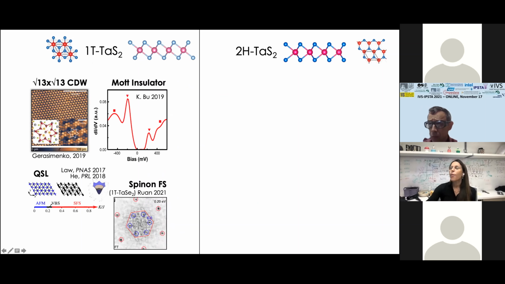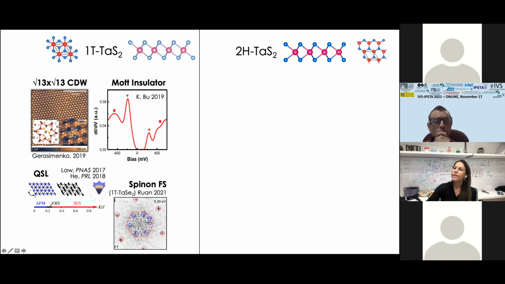So in the 1T, in the bulk, it was reported that CDWs are formed on the surface. These are 13 by 13 CDWs in the form of a Star of David, where 13 atoms are bunched together to form this Star of David shape. As for the spectrum, it was attributed to a Mott insulating phase.